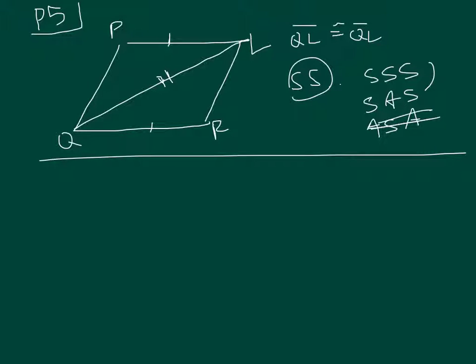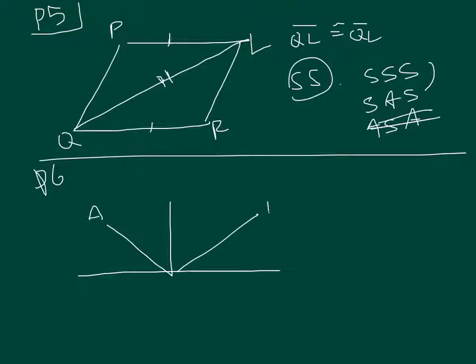Problem number 6, use the figure below. So we have something like this. We have A, B, C, D, E, F. It says measurement of angle DBC equals measurement of angle ECA. So we should put the tick mark for that so that we can keep track. So that's this angle, and then we have angle ECA.